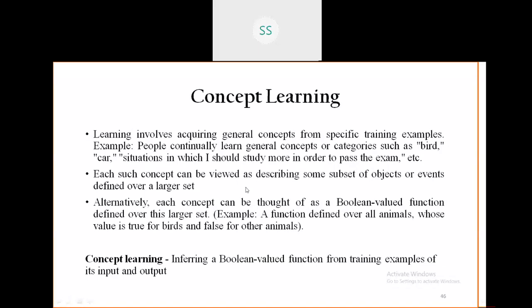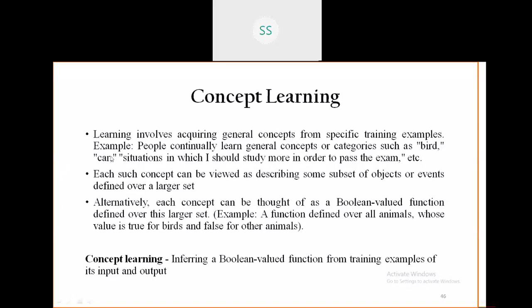They are learning things from general concepts, for example birds, cars, and so on. In the case of birds, there are specific training examples, and we are learning from these specific training examples, and this process we call concept learning, right?